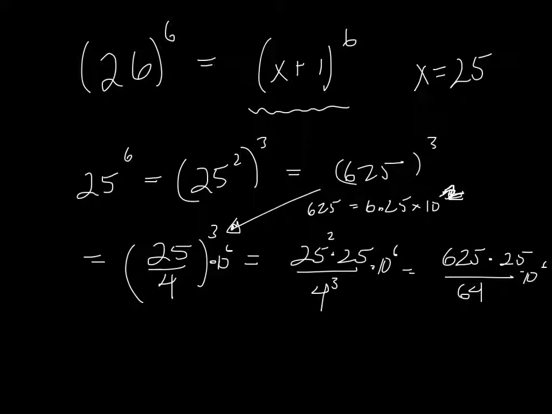So 3125 times 5 is 15625. Very interesting. But like I said, 625 over 64 is about 9.4. Where do I get that from?